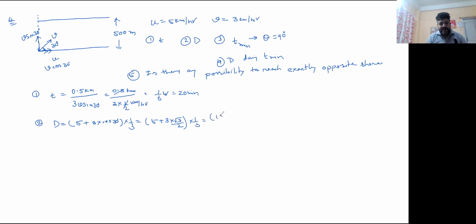So we have 10 plus 3√3, with √3 as 1.73, divided by 6. After calculating all this value, we have 2.53 kilometer approx.